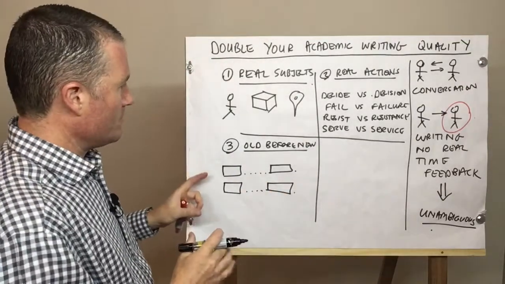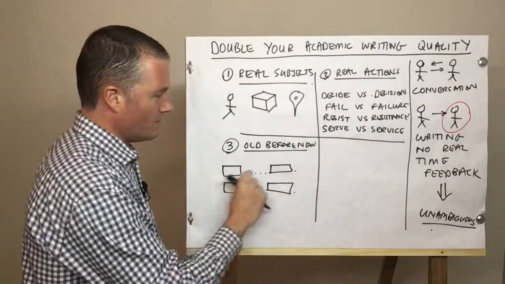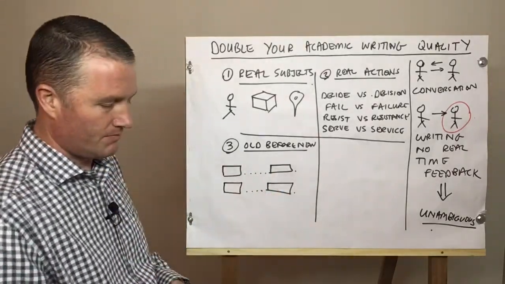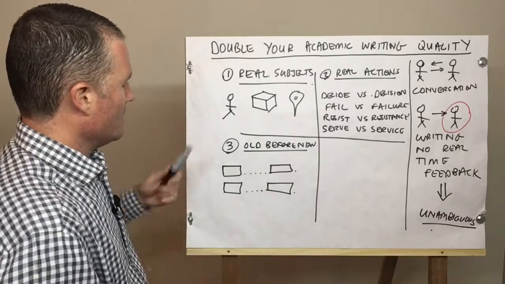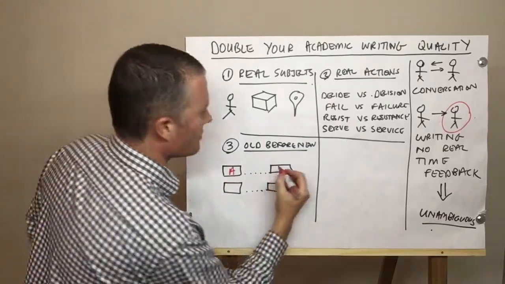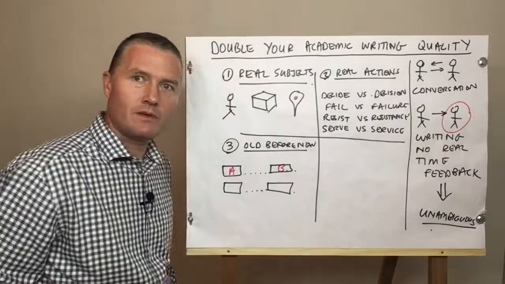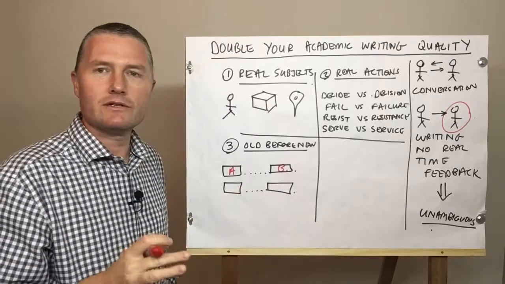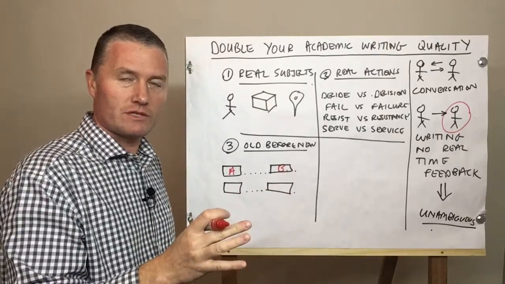The principle of old before new, and remember all of this is just two sentences here with a set of concepts. If this is concept A over here, and this is concept B, in the second sentence over here, let's say you wanted to introduce a third concept, C.